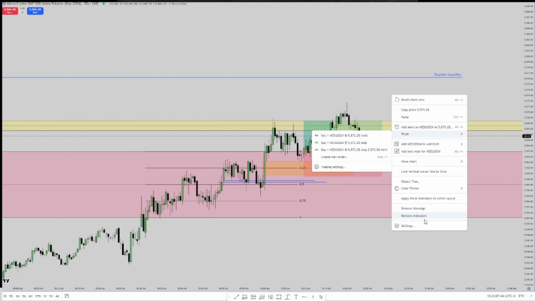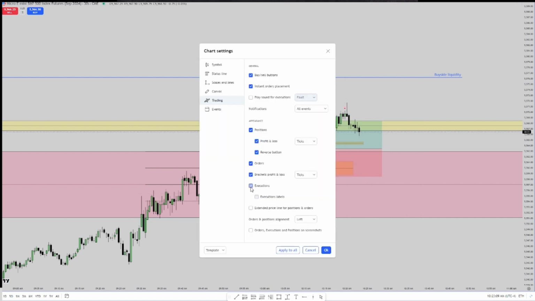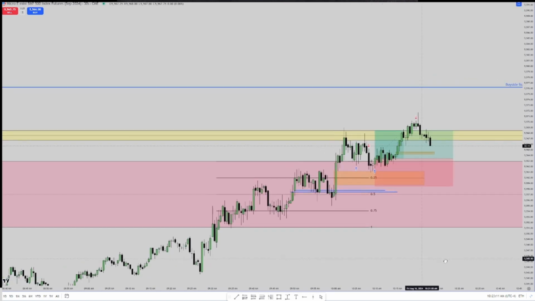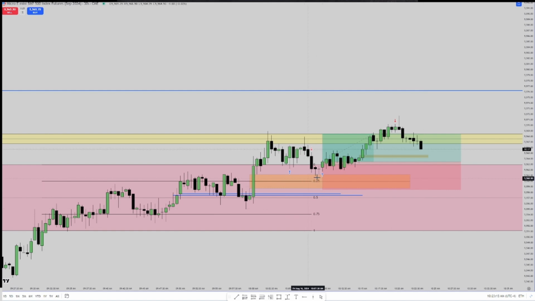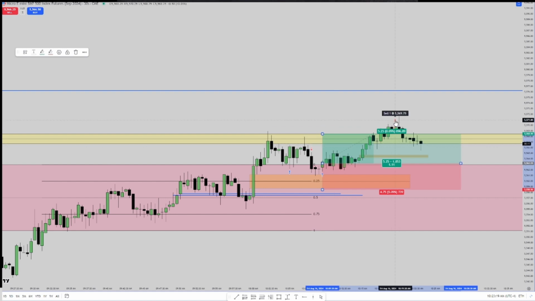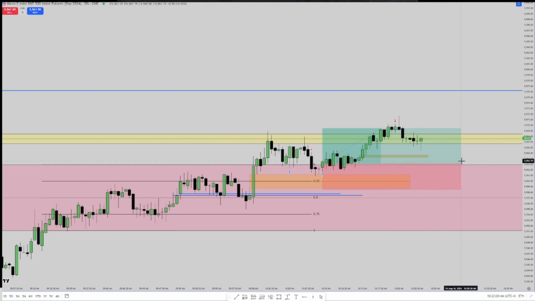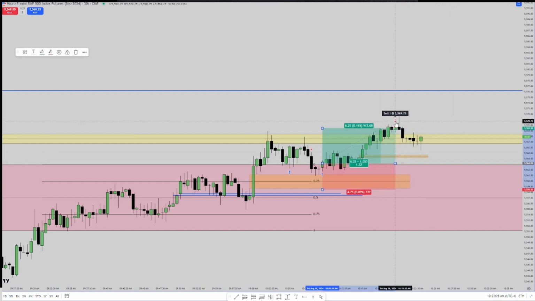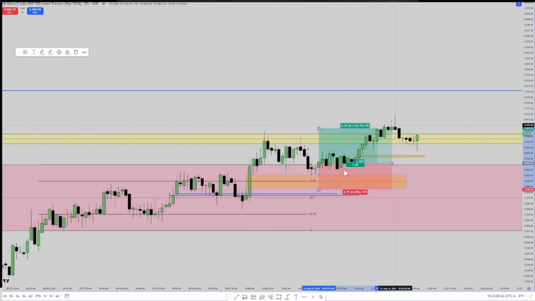Let's put our execution on here. So I got in right there. That was my fill, and then my exit was right there. So right on this candle right there, that was my trade. So I took out 6.25 handles.